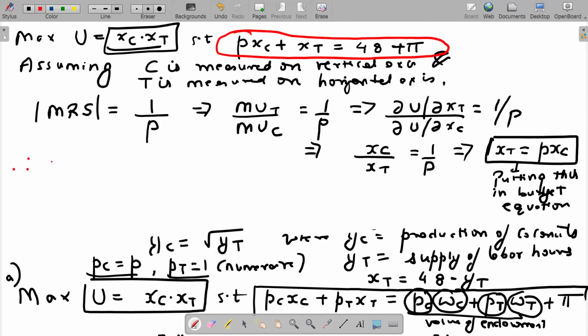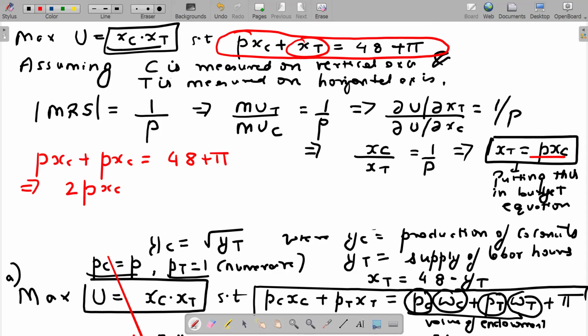So therefore, PXC plus XT, I can just plug in the value. XT is PXC, which is equal to 48 plus pi. So this implies 2PXC is equal to 48 plus pi. So what is my XC? 48 plus pi over 2P.